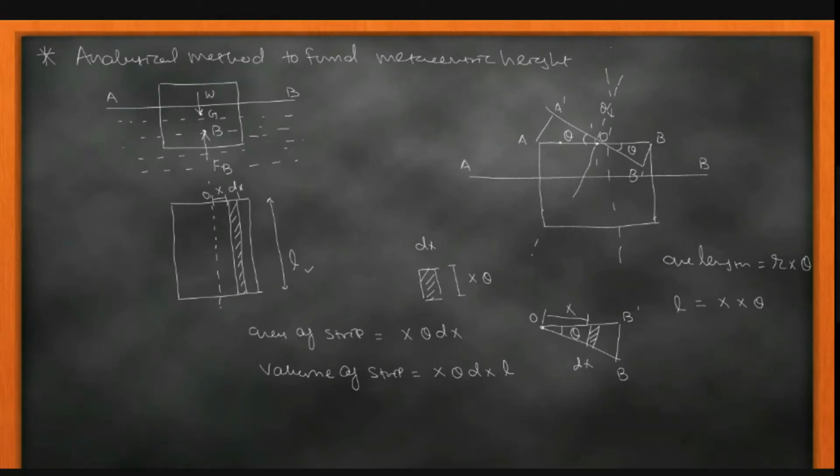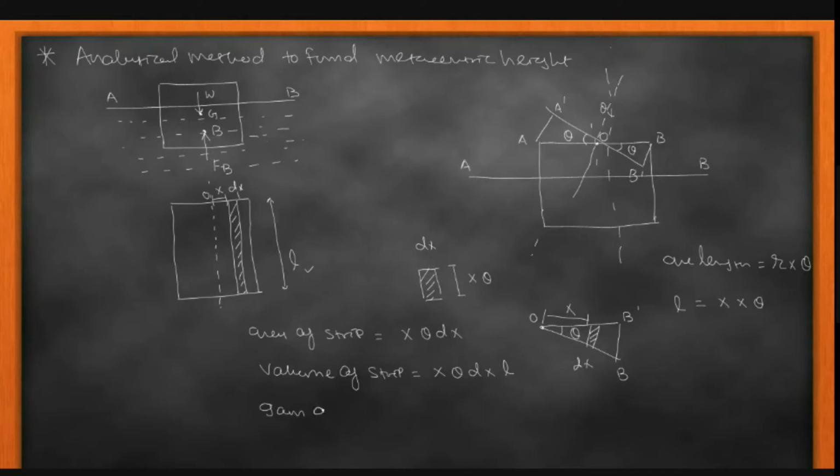Here in the first position we have this object in ABCD positions. In the second it is A dash, B dash, C dash, D dash. So due to this gain over here, this volume is displaced, and due to this angular displacement, the volume which is occupied in OBB dash, the same volume of the fluid is displaced, and due to that there is a gain in the buoyancy forces.